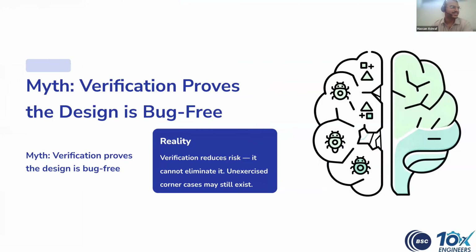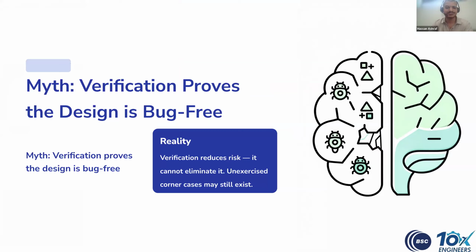So the first myth is that verification proves the design is bug-free. I have already mentioned this at the very start of our webinar. The reality is a bit different: verification reduces the risk. It cannot eliminate it. Unexercised corner cases must still exist.